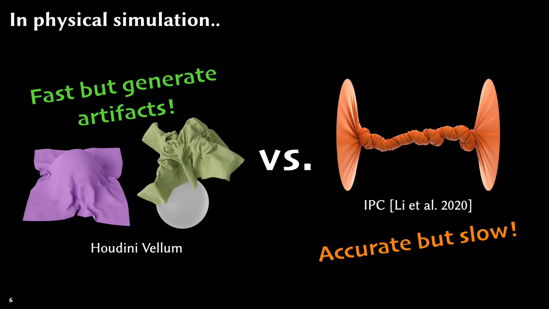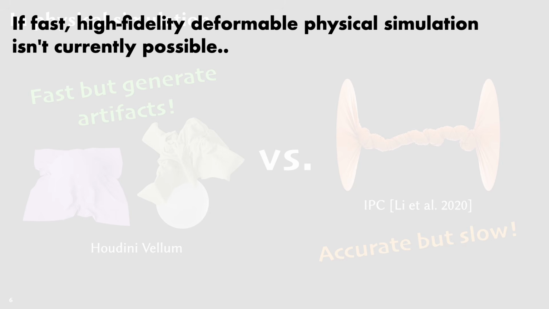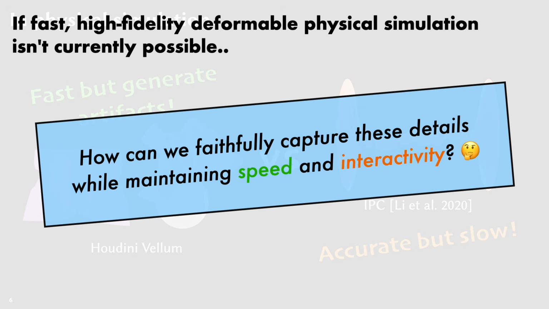Meanwhile, high-fidelity methods like IPC capture rich, realistic contact and wrinkling, yet remain too slow for interactive workflows. So my research asks, if fast, high-fidelity deformable physical simulation isn't currently possible, how can we faithfully capture these details while maintaining speed and interactivity?